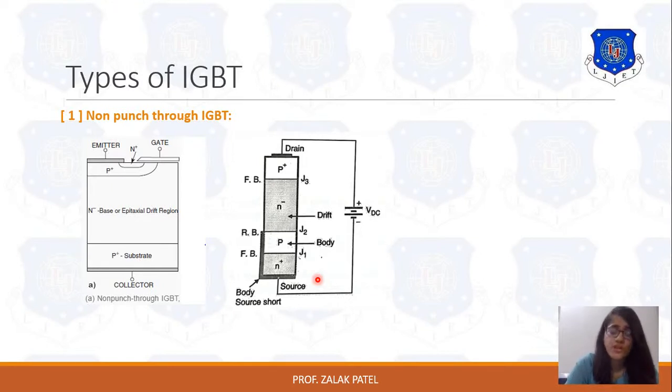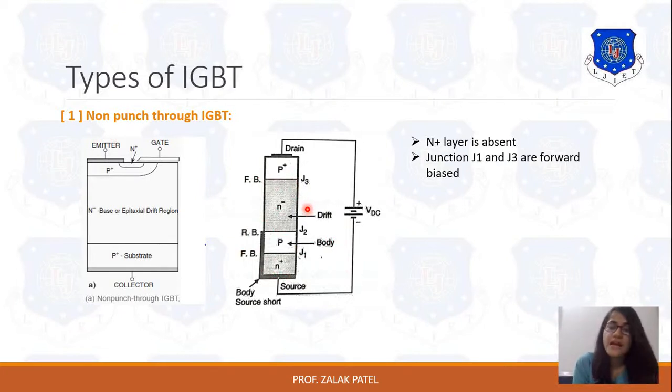First, when positive voltage is applied, junctions J3 and J1 are forward biased, and junction J2 is reverse biased. So the complete reverse characteristic is due to this J2 junction, meaning it decides the blocking capability of this IGBT. Blocking capability is decided by junction J2, because J2 is reverse biased.